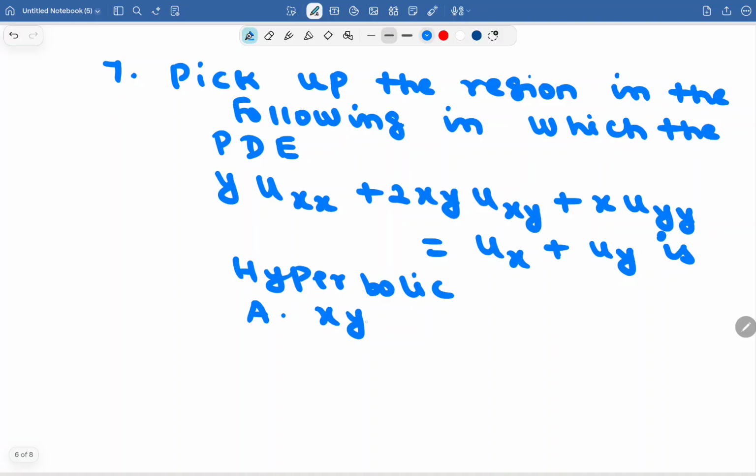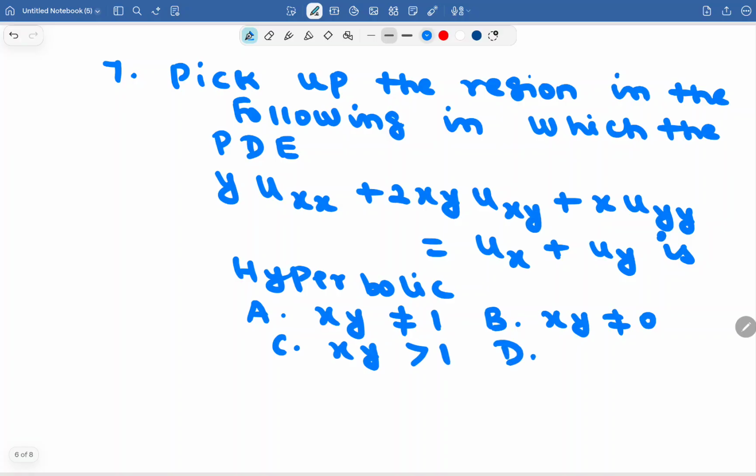Option A, xy not equal to 1. Option B, xy not equal to 0. Option C, xy greater than 1. Option D, xy greater than 0.